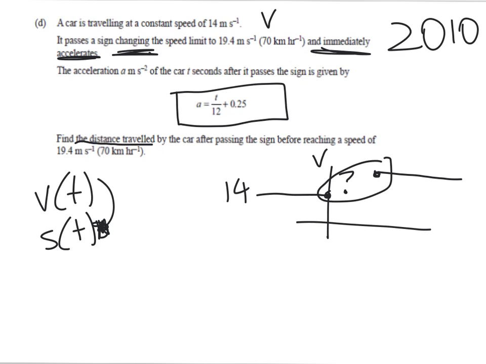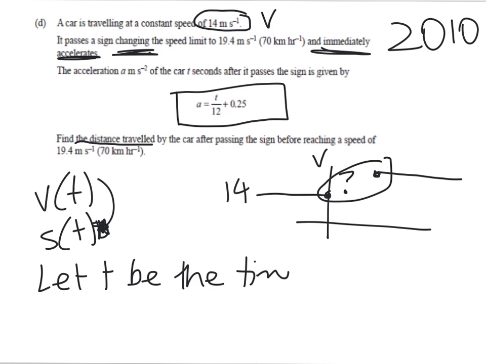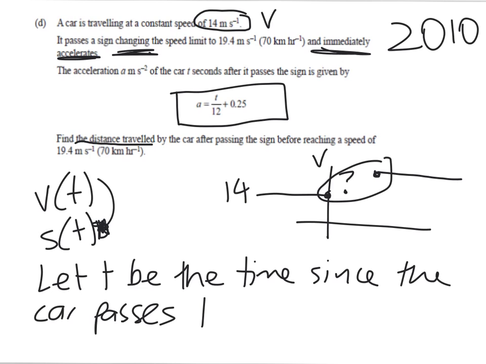But the thing to note here is that the car started out at 14 metres per second, so we're going to define t to be the time since the car passes the sign. Now that's done in the question anyway.